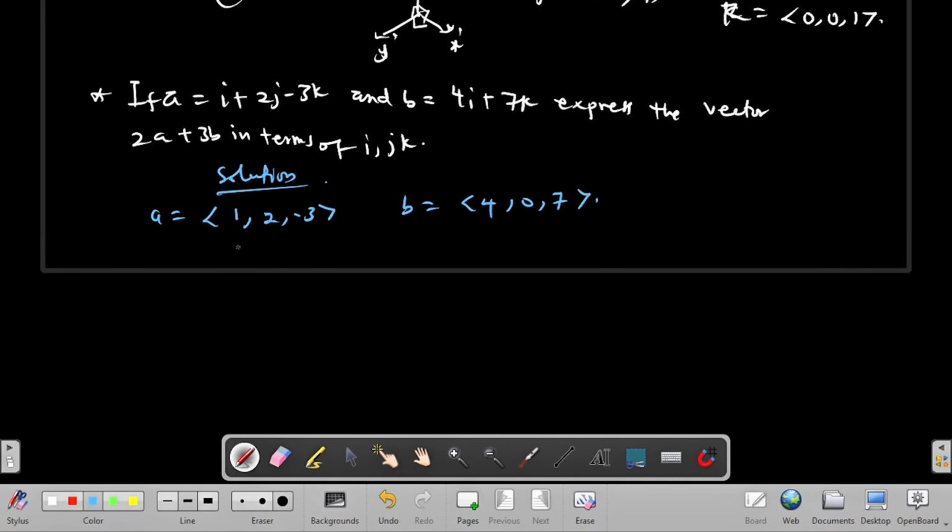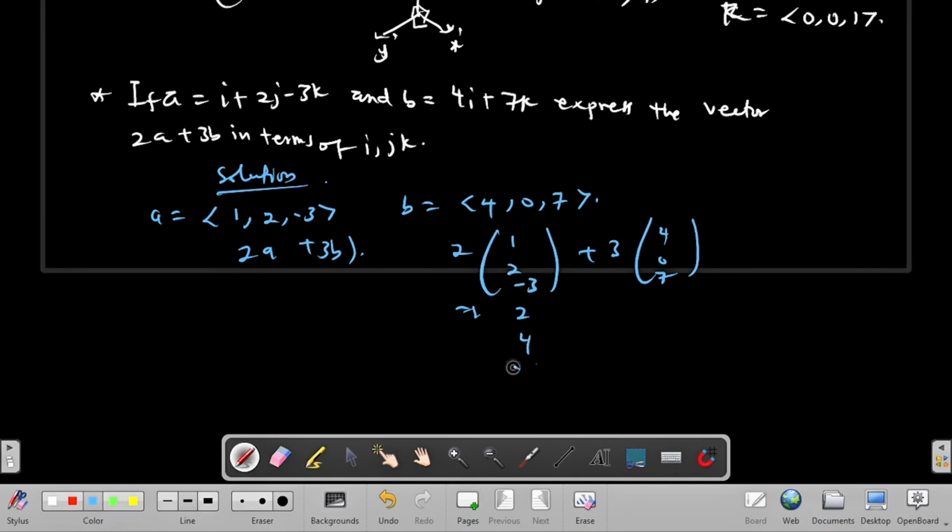So we have to find 2A plus 3B. What do we do? I'll simply have 2 multiplying (1, 2, -3) plus 3 multiplying (4, 0, 7). This gives me 2 times 1 is 2, 2 times 2 is 4, 2 times -3 is -6, plus 3 times 4 is 12, 3 times 0 is 0, 3 times 7 is 21.